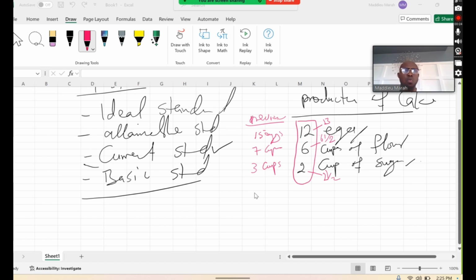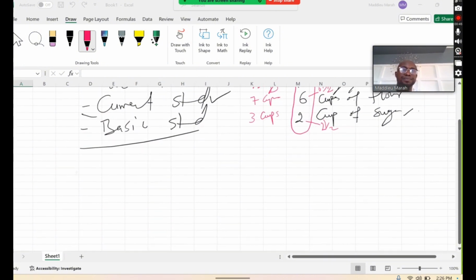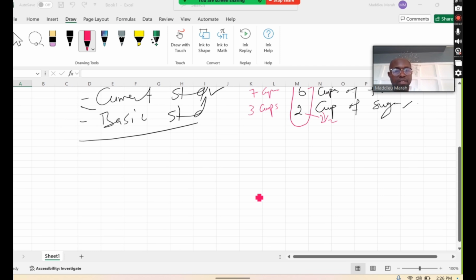Considering the technological development, things are changing in the world every day, and organizations set a standard that remains unchanged. Will that affect employees? Yeah, sure. It affects employees. Very good. So it demotivates employees. Basic standard demotivates employees. That being said, now we move to variance analysis.